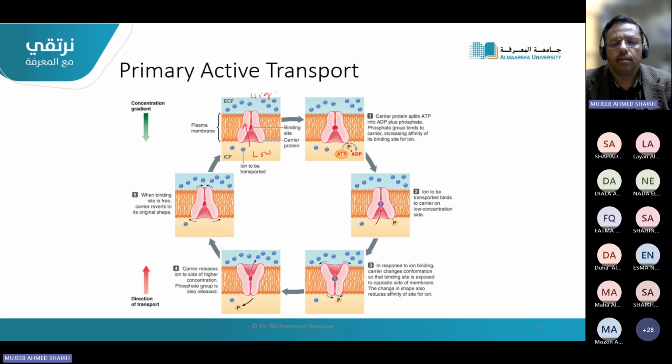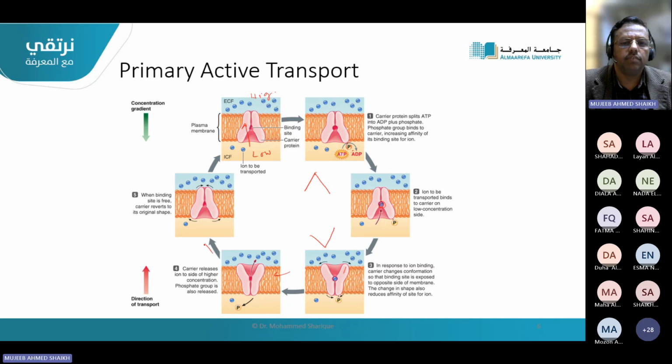There is an enzyme called ATPase, which will convert ATP into ADP and inorganic phosphate. The energy is generated, and this energy will cause the binding of the ion and the conformational change. Previously the structure is like this; now in this direction it is changed the opposite way. So it is called conformational change.